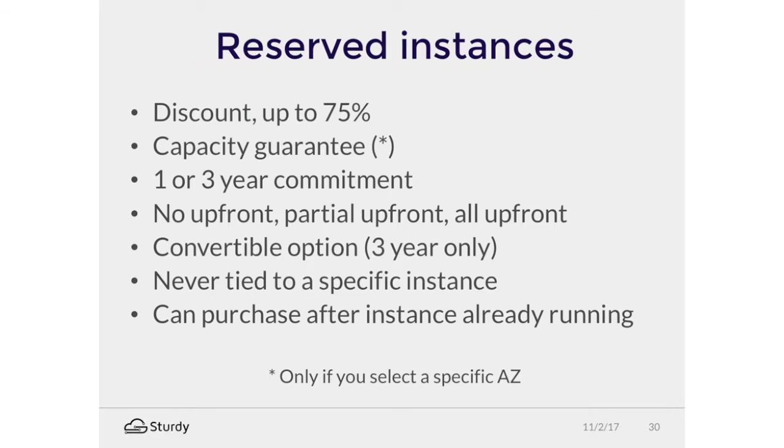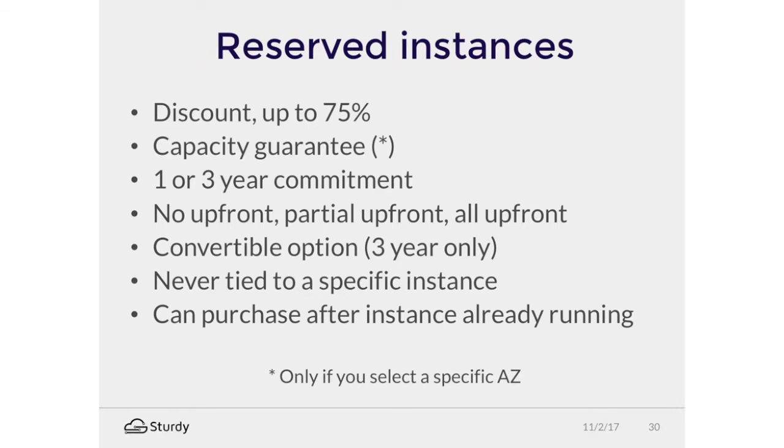The partial upfront version says, I'm going to put a down payment down against my future usage. In exchange for that down payment, you get a reduced hourly rate. When you combine the down payment with the reduced hourly rate, you'll have an effective hourly rate which is discounted relative to the on-demand.